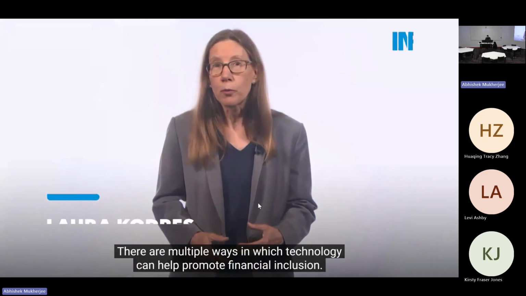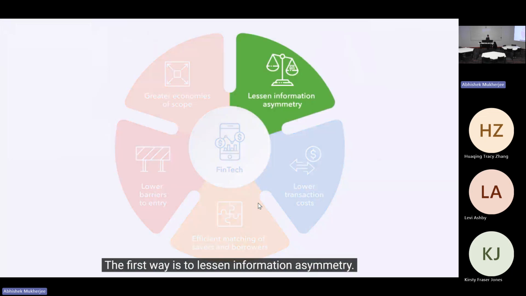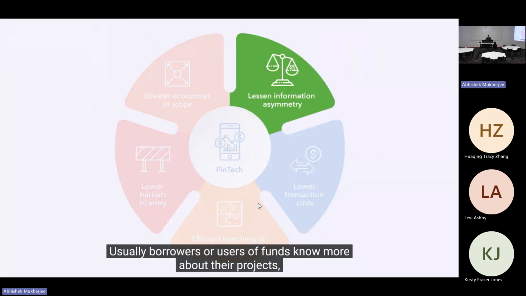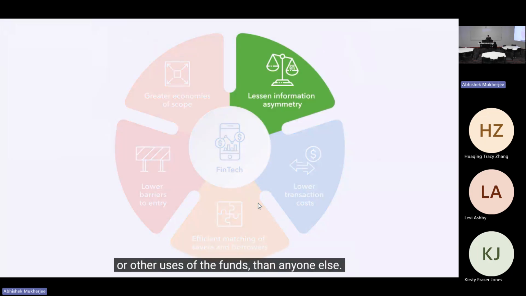There are multiple ways in which technology can help promote financial inclusion. The first way is to lessen information asymmetry. Usually borrowers or users of funds know more about their projects or other uses of the funds than anyone else.